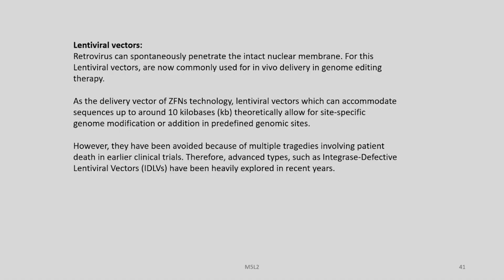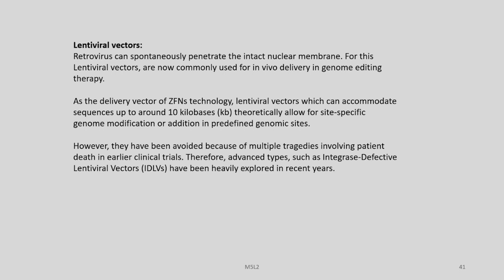Another virus that is used are the lentiviral vectors. The retrovirus can spontaneously penetrate the intact nuclear membrane. For this, lentiviral vectors are now commonly used for in vivo delivery in genome editing therapy. As the delivery vector of ZFN technology, lentiviral vectors, which can accommodate sequences up to around 10 kilobases, theoretically allow for site specific genome modification or addition in predefined genomic sites.